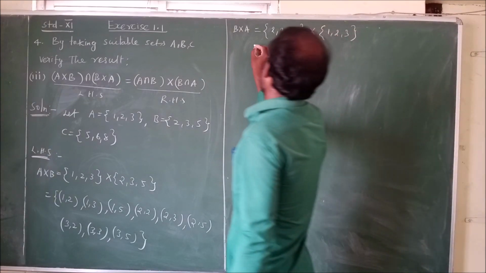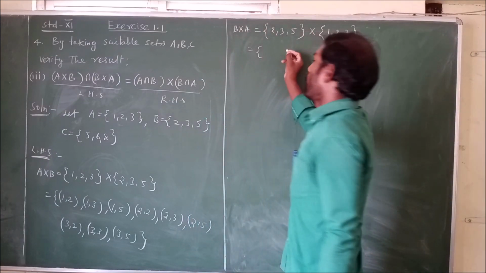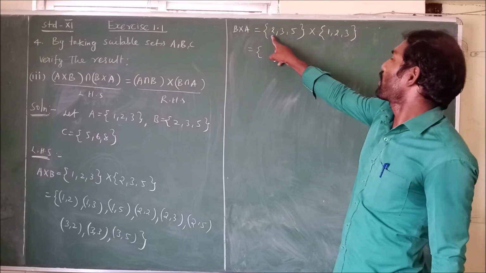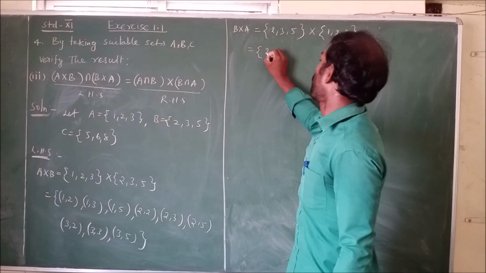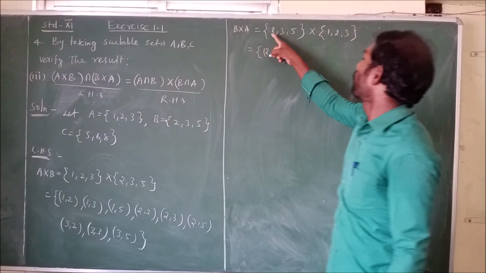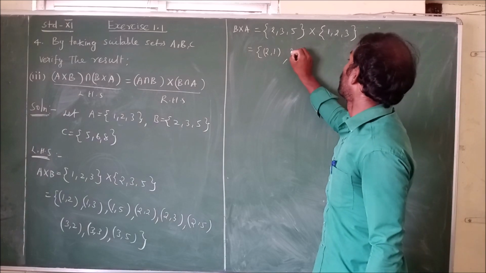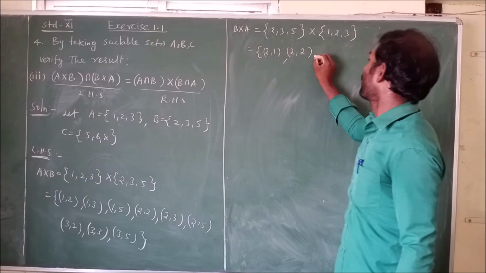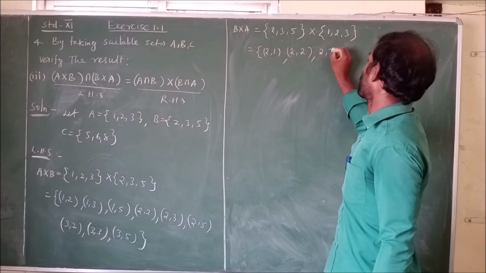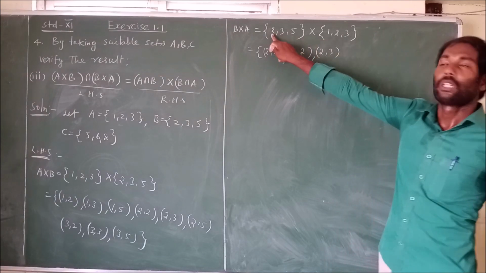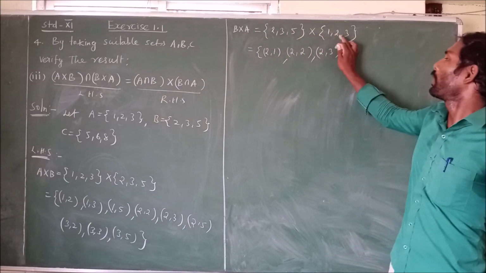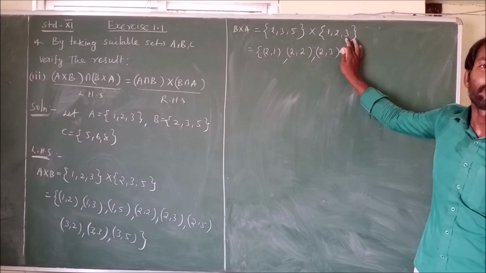Applying the same Cartesian product, first entry 2: (2, 1), (2, 2) and (2, 3).